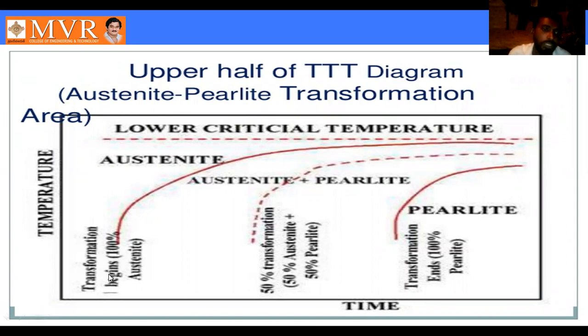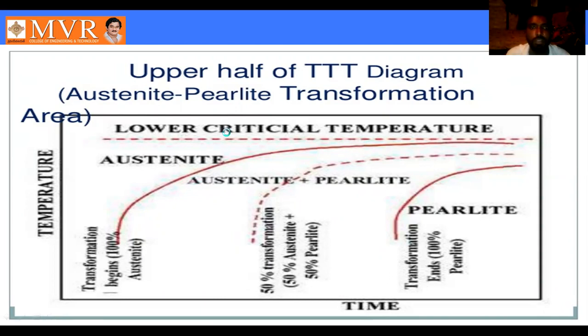So the transformation begins with 100% austenite here. The first curve, the left curve, represents the 50% transformation: 50% austenite plus 50% pearlite we can observe here. So it is the upper half of the TTT diagram. Next, pearlite is completely formed; the transformation ends here with 100% pearlite.